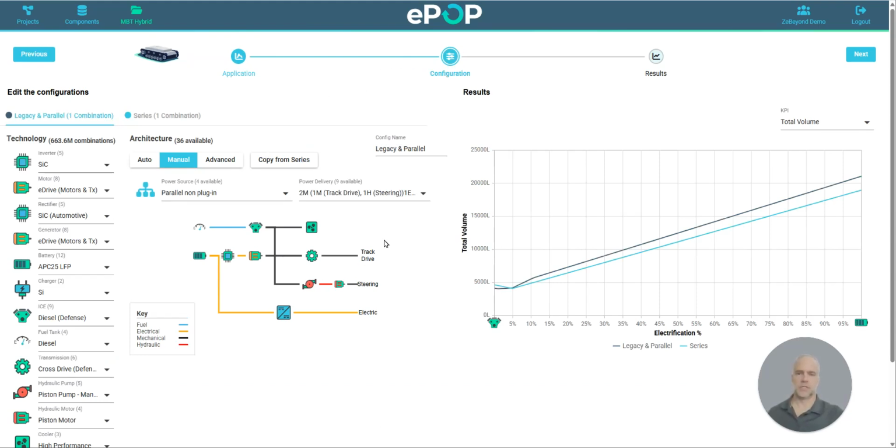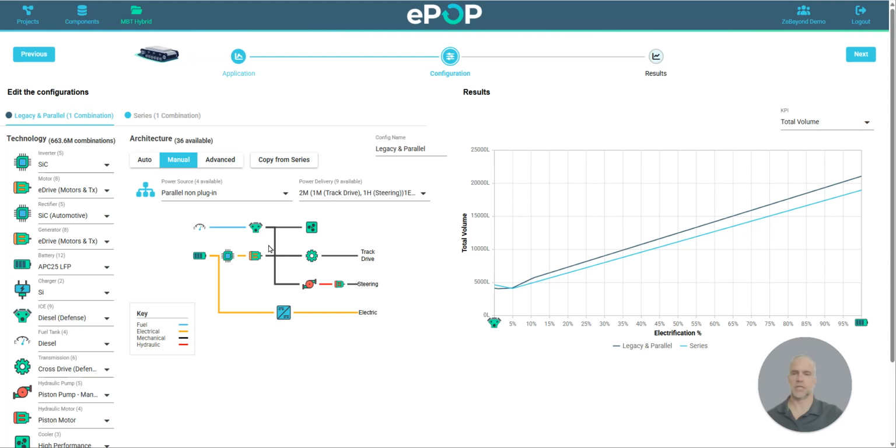This figure here represents the current legacy configuration, and if it were to be a parallel hybrid, it can represent that configuration too. So the engine powers the track drive, which is the most significant load, through a transmission, and each one of these icons in the configuration is represented by the technology that you see over here.